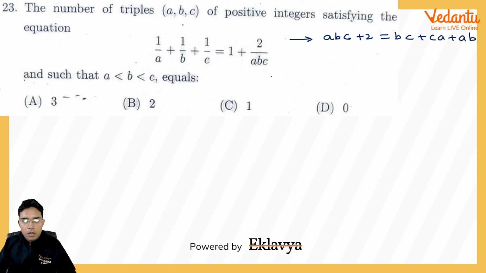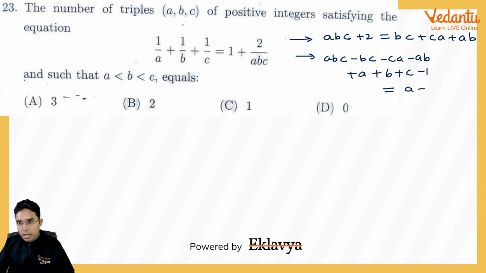Okay, now we can make some factors. If we write it like, please see, abc minus bc minus ca minus ab, and I will be adding a plus b plus c also, this side minus 1. Then on the right hand side we will be having a plus b plus c minus 3.